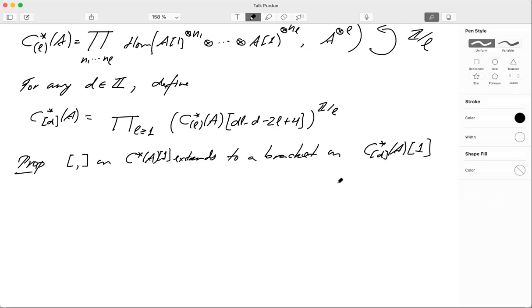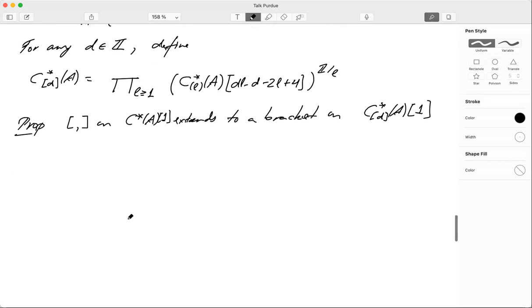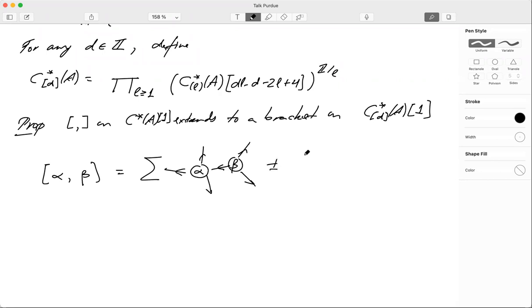To describe this bracket, I can just describe it in a drawing. If you take a bracket of some, let's say, alpha and beta, this is going to be a sum over all possible ways of drawing a vertex beta and then mapping it into a vertex alpha, with appropriate minus signs, and also vice versa.